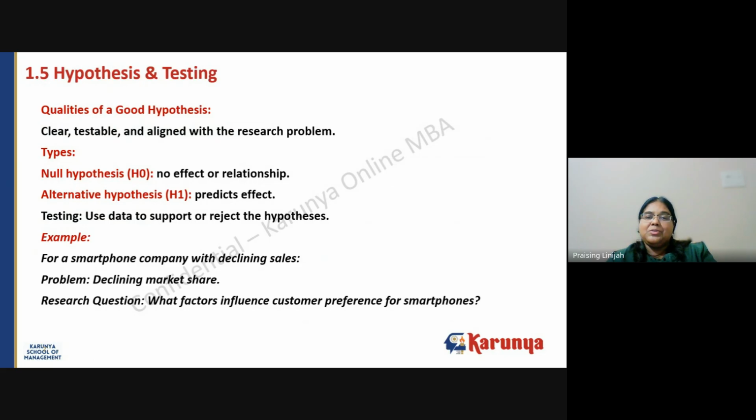Suppose a company wants to enter a new market. The first step is identifying the problem: how will customers respond to our new product? Then we frame some research questions. In a similar way, what factors really influence customers to purchase or choose a particular product that has newly come into the market? Based on this question, supported with a review of literature, develop a hypothetical statement stating brand reputation can affect customer trial rates.